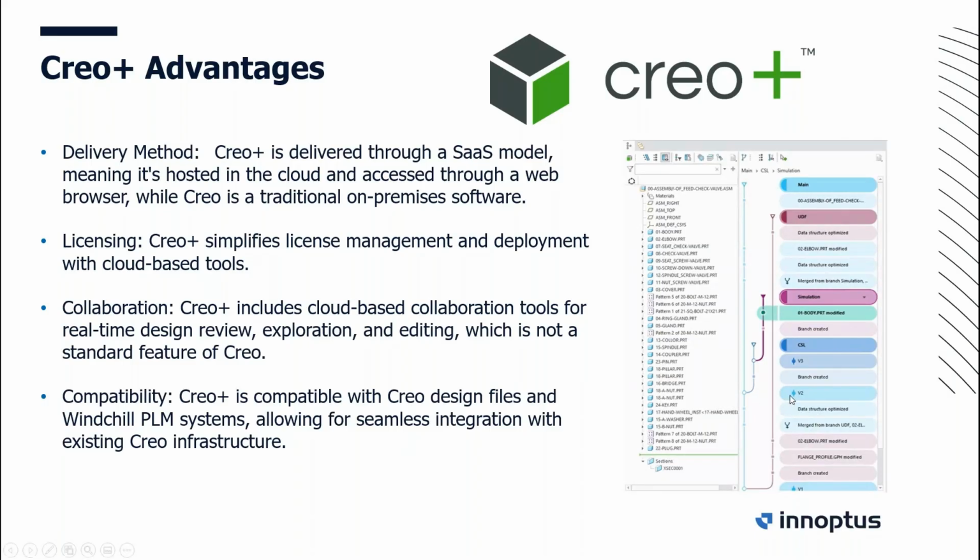You can make branches, split products up, and then bring things back together, so that you work together on an assembly, but you directly see what your colleagues are doing. So this is cool. And of course, Creo Plus is compatible with Windchill and other software that already exists.